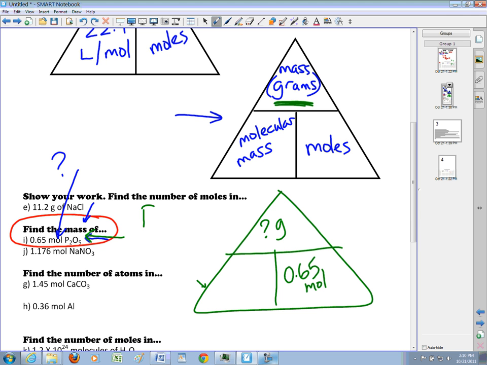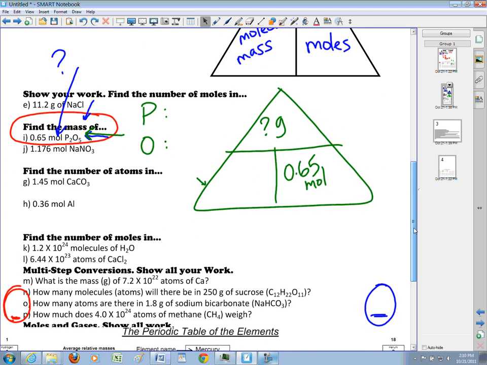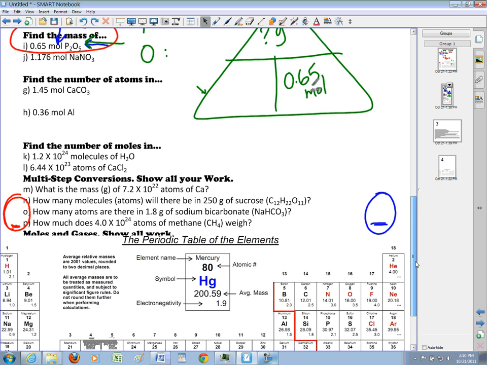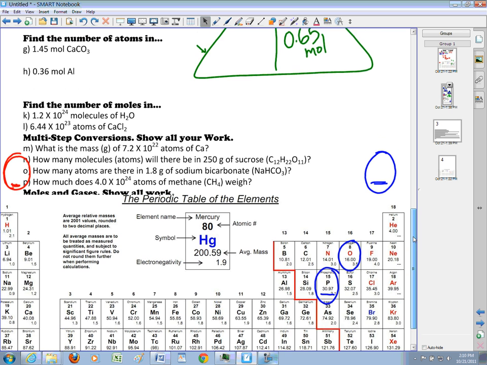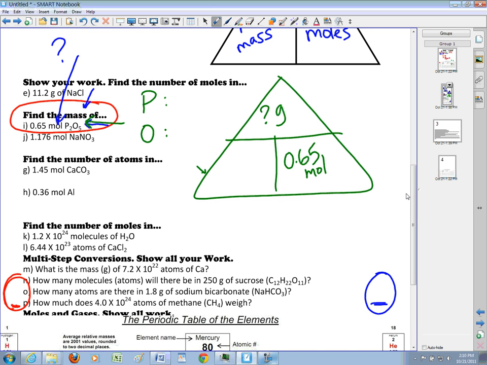But I do know that I need to look up phosphorus and oxygen. The molecular compound, phosphorus and oxygen, are both on the right side of the periodic table. There's phosphorus, and it's 30.97. Pretty close to 31. You could probably get away with rounding it. I'll probably just write it as is. And there's oxygen, it's 16. So phosphorus is 30.97 grams per mole.